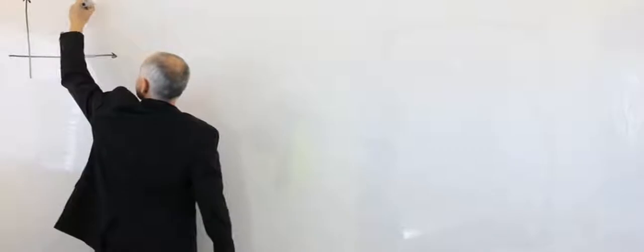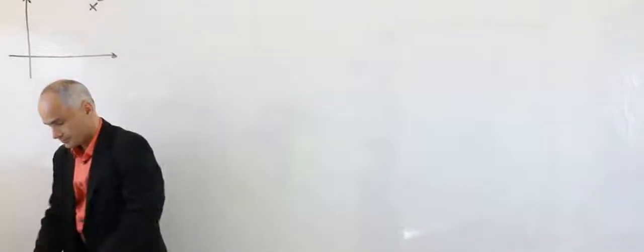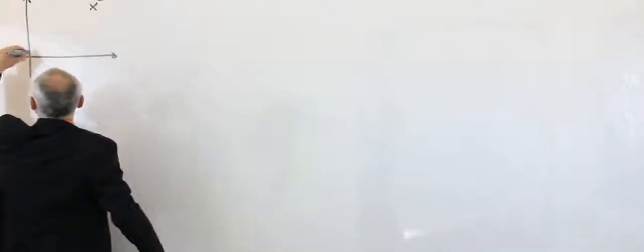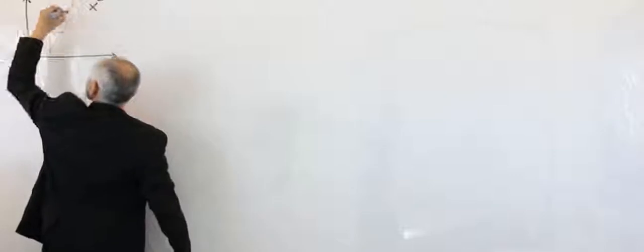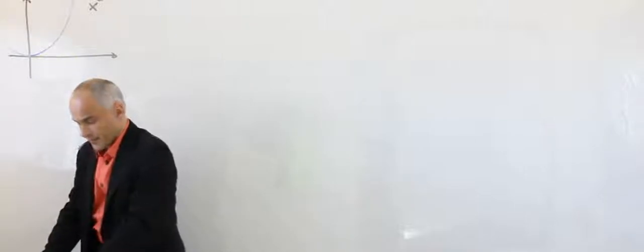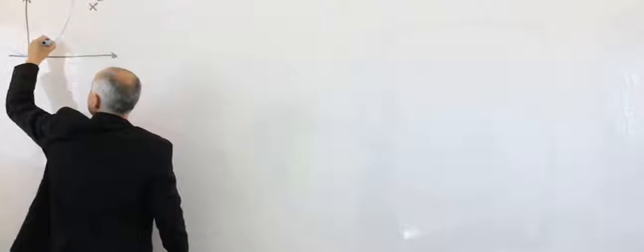So say I have the parabola x squared, and I'd like to evaluate the area bounded by two vertical lines.